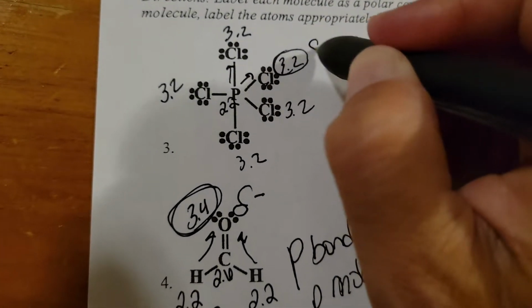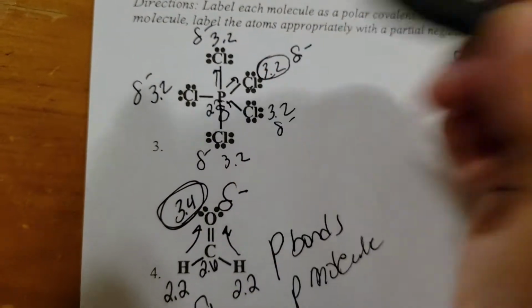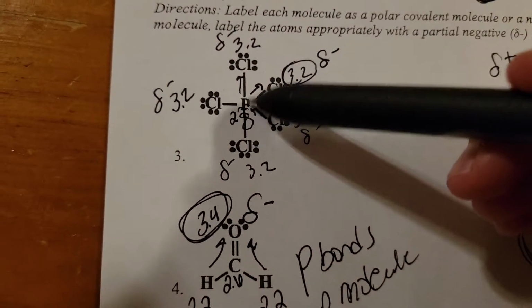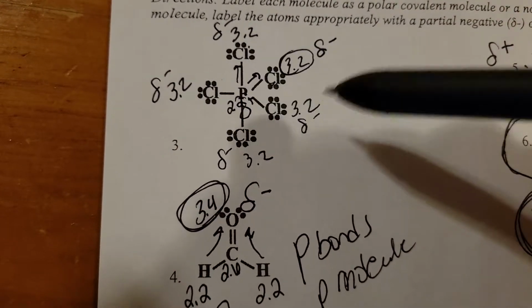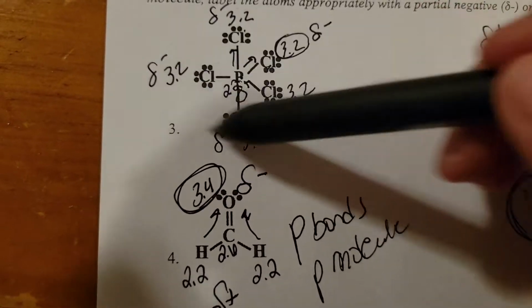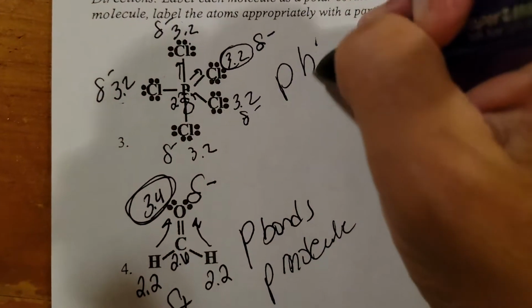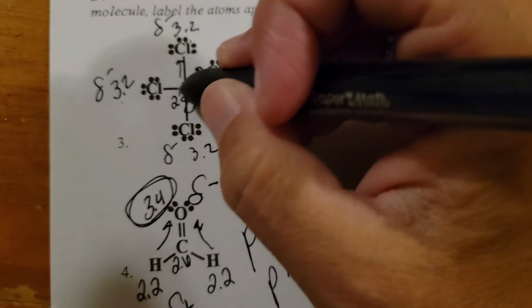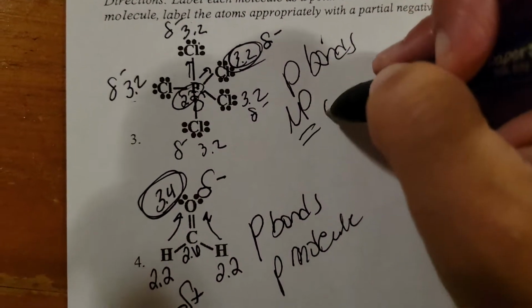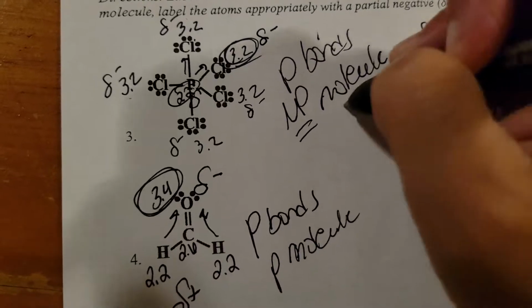So each of these bonds are going to be a little bit negative ends, and this is going to be a little bit positive in the center. But since we have phosphorus in the middle, chlorine on top and bottom, around the sides, the negatives are all around it, not one end or the other. These are polar bonds between them, 2.2 and 3.2, but the molecule itself is nonpolar.